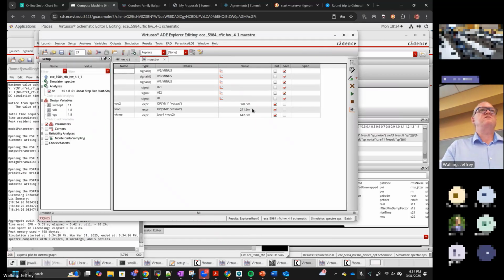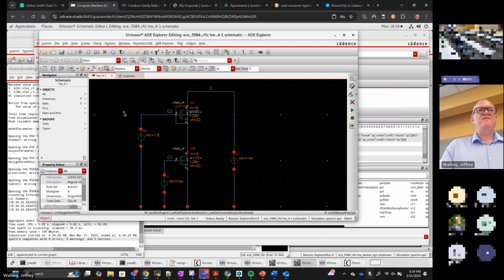Now, one thing that you can immediately see is that VOV1 is not equal to VOV2. Why is that? The devices are equal. They have the same current flowing through them. The bulk, that's right. Body bias effect? Yeah, the body bias is different for both of these, so that's going to make the difference.